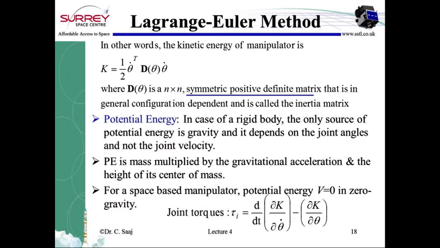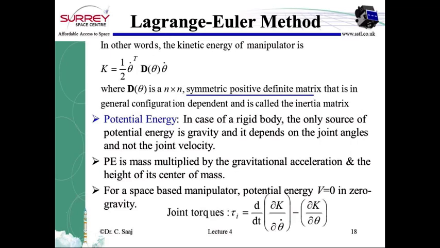G of theta is an n by 1 gravity loading vector. It is a function of the joint angles. The term B is the actuator's viscous damping coefficient, and the term H represents the nonlinear Coriolis and centrifugal forces. Here the terms H and G are the nonlinear terms.